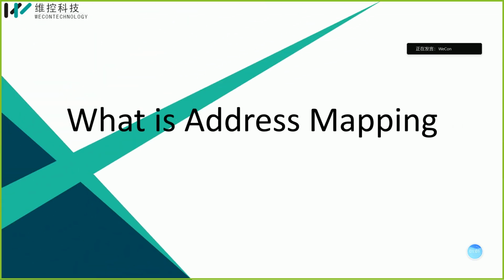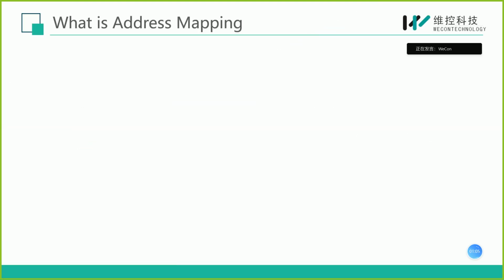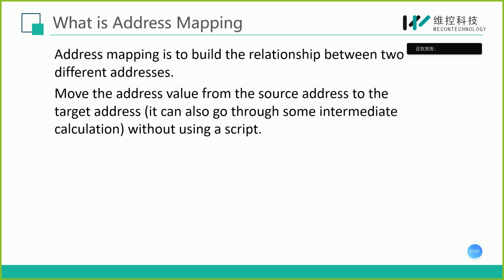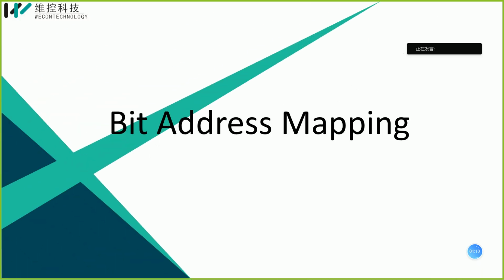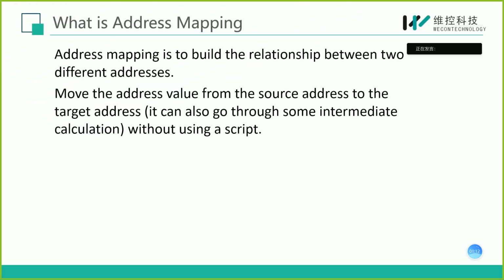The first part, what is address mapping in HMI? Address mapping is to build a relationship between two different addresses. So in HMI, mapping not only supports a simple value transfer from one address to another address, but it can do some intermediate calculation without a Lua.